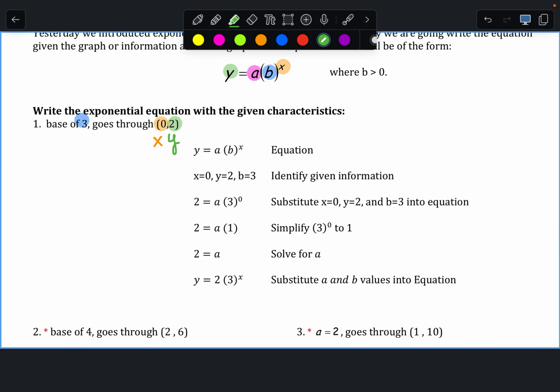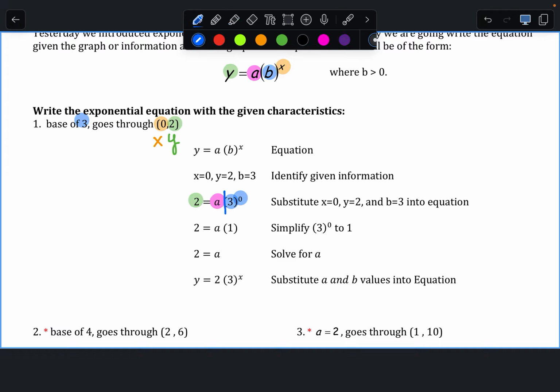So that's how this 3 to the 0 became a 1, so that's how they got that 1 underneath it. We still don't know our a, and we have it set equal to 2. So 1a is the same thing as a.